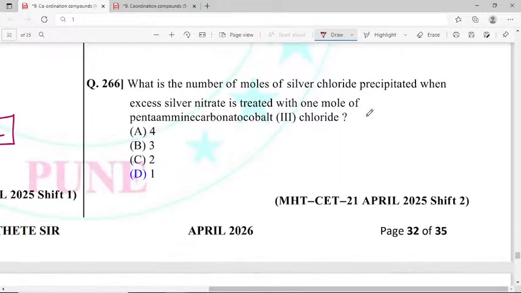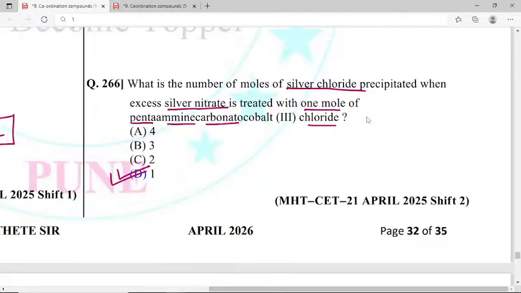What is the number of moles of silver chloride precipitate when excess silver nitrate is treated with 1 mole of pentaamminecarbonatocobalt chloride? So there should be 1 mole. What is the formula? Cobalt, next the pentaammine, so NH3 5 times.